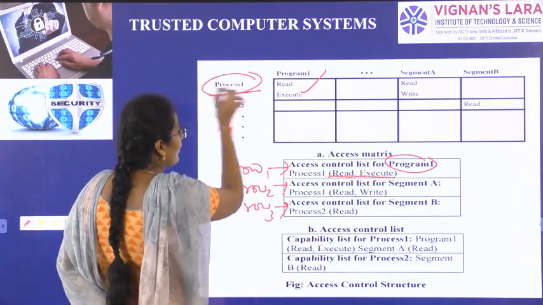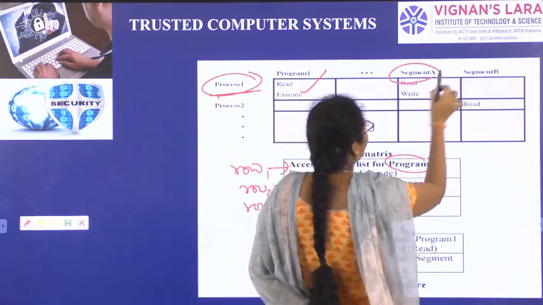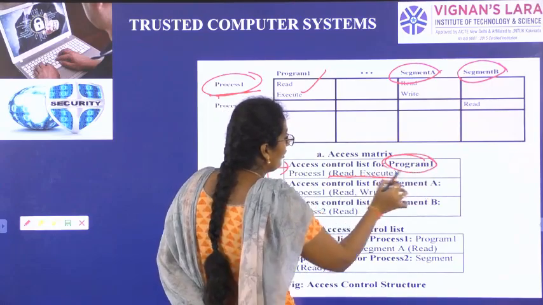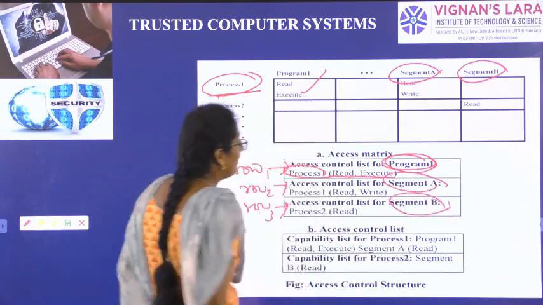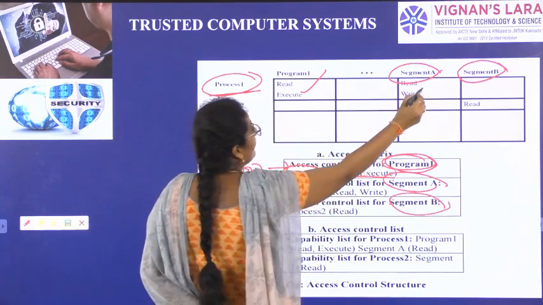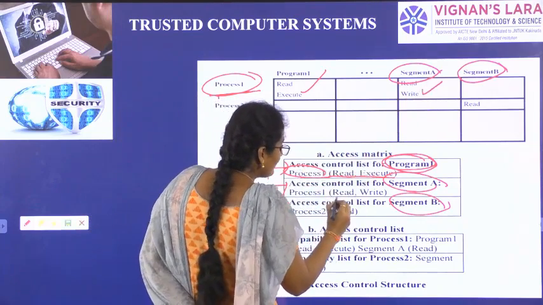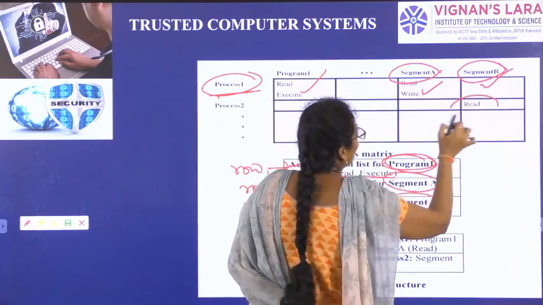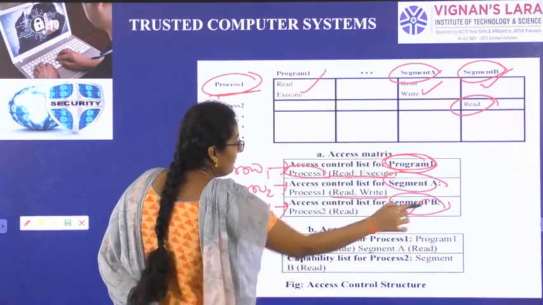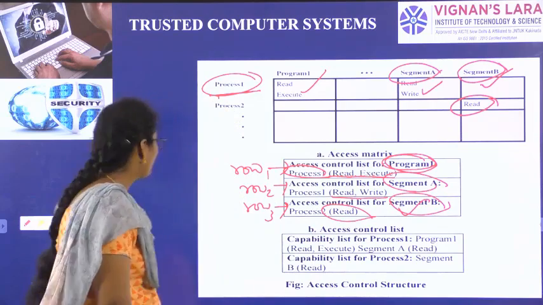First one is process 1, second one is segment A, and third is segment B. Segment A has read and write permissions. Segment B has only read permission.